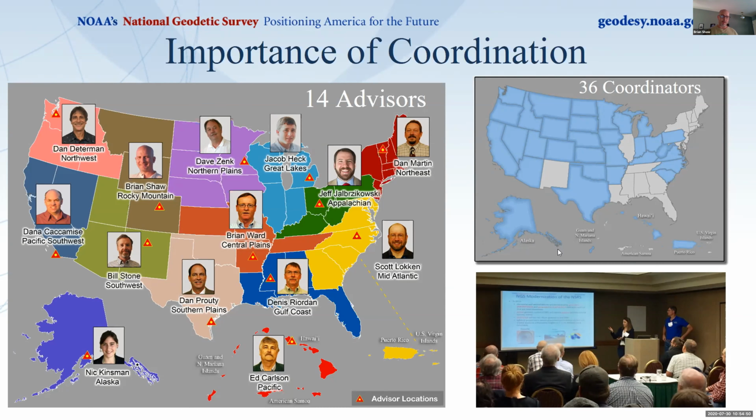They are tied into the states and can inform us when legislation is being worked on, or if the state is planning on doing a LiDAR survey and needs some help. These coordinators really help to feed information up from the state, because it's very hard for us to be nested fully into the state. So this coordination is very important to our jobs.